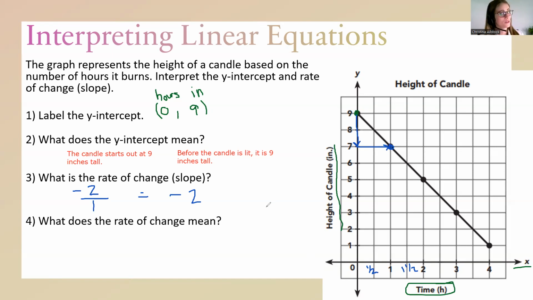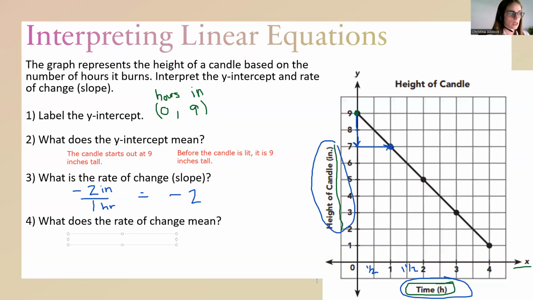So what does it mean? Once again, get those labels. So that -2 is our change in y. So it's decreasing 2 inches, and then our x is time per hour. So that is our rate.